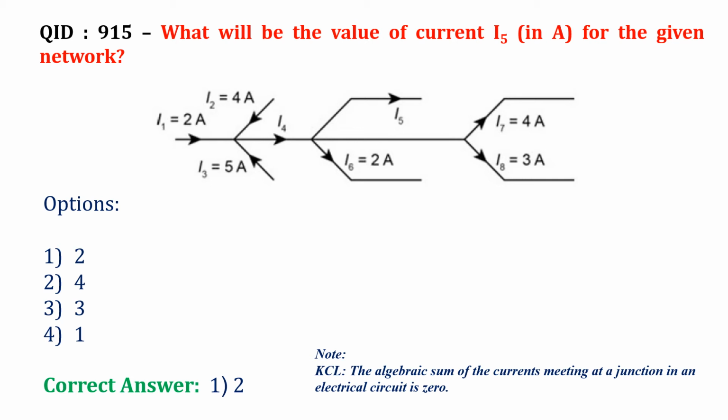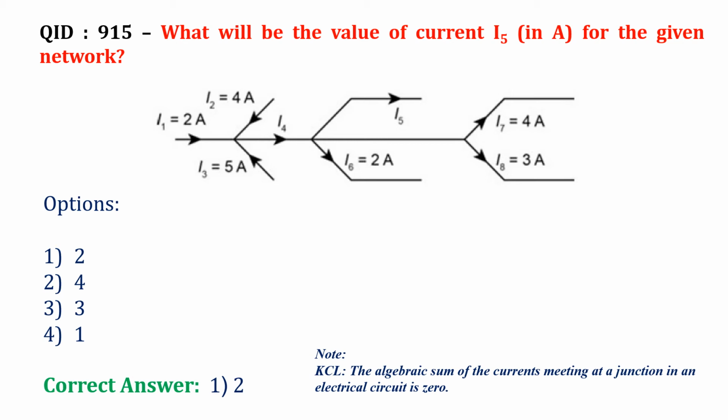To find this I5, you have to know the I4 value, which is 11 amps, the total current. The rest of the currents we add: 2 plus 3 plus 4 is 9. 11 minus 9 is 2, which is the current I5.